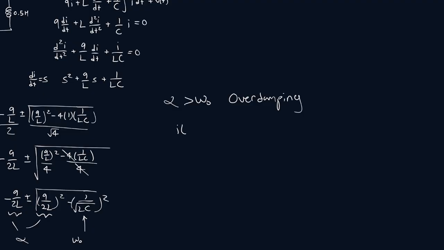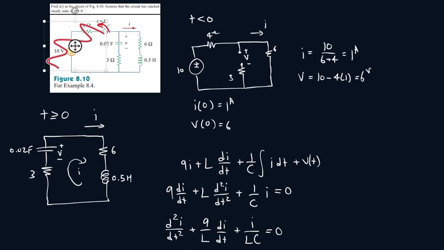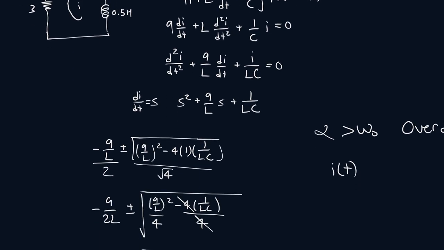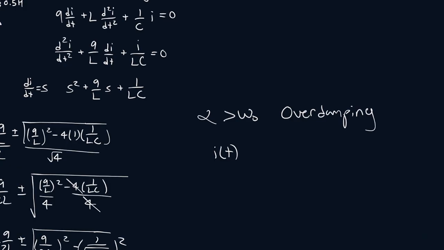And to find the current passing through the inductor, which will be this current, the formula will be pretty much A1 e to the power of S1t plus A2 times e to the power of S2t.